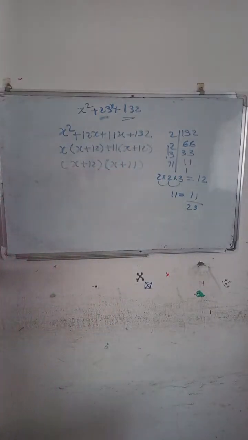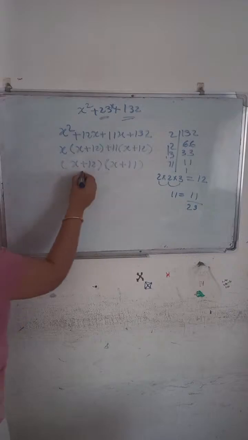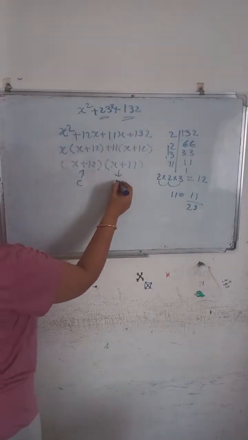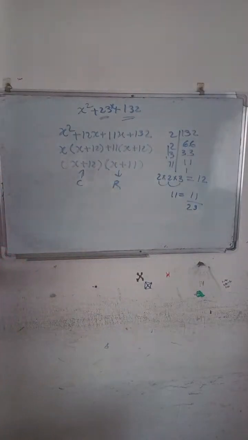So these are the school auditorium measurements. Okay. So find the number of rows if the number of columns is x plus 12. So x plus 12 are the columns and x plus 11 are the rows. Okay. So the first part we finished.